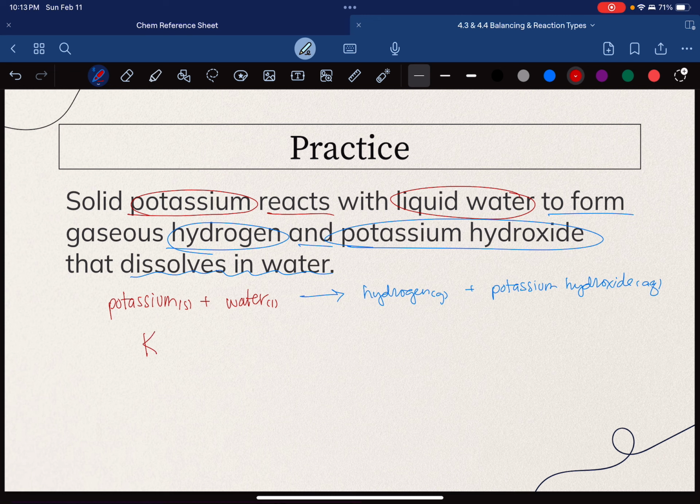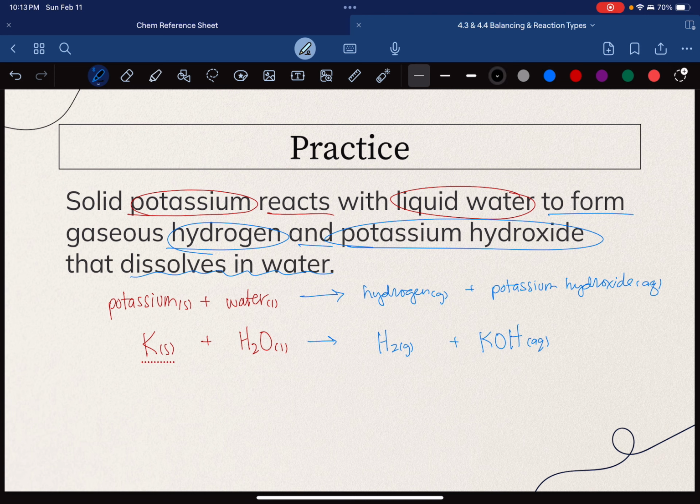Next step is to put in the formulas. Remember to leave a little bit of space after the symbols, because that's where your coefficients are going to be. KOH, aqueous. Remember, hydrogen is a diatomic, and that's why it's H2.